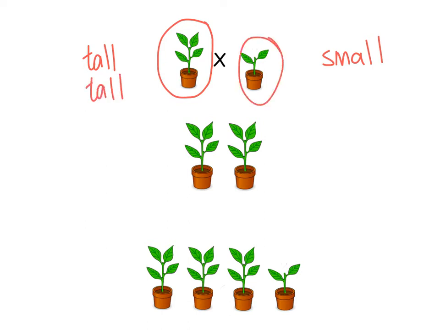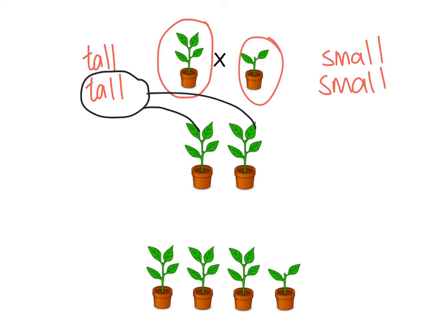In this case, both the alleles here would be small. When reproduction happens, one of those goes to each offspring. So each of those is going to have a tall allele, and one of these small ones is going to go to each offspring.